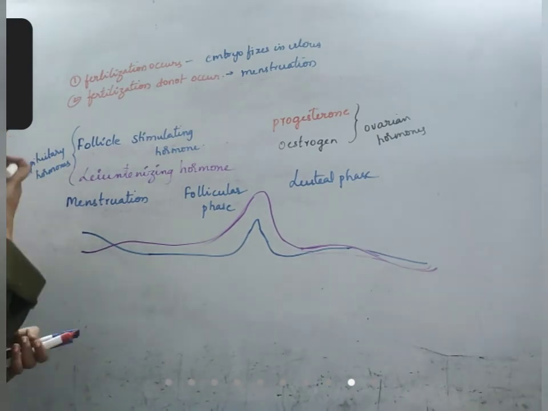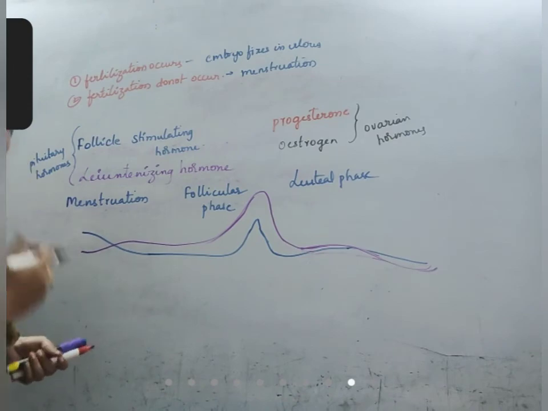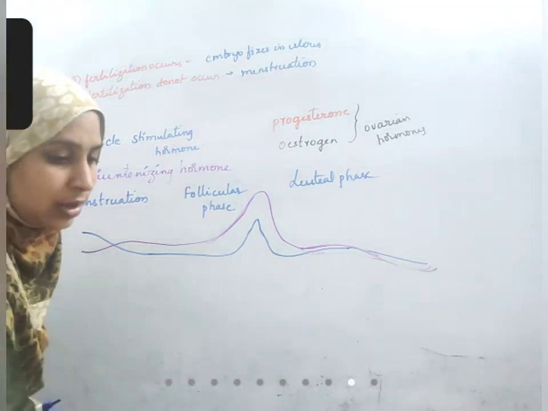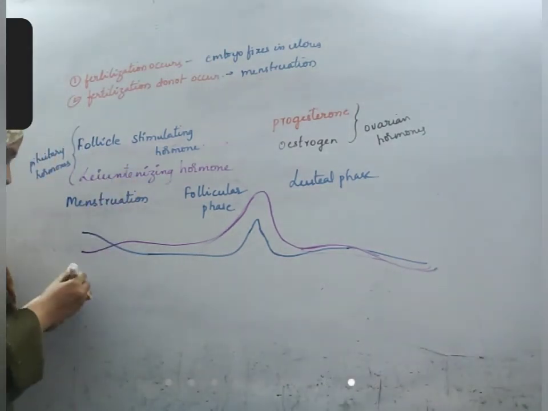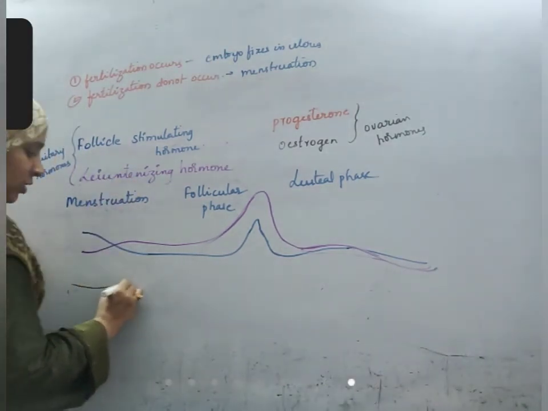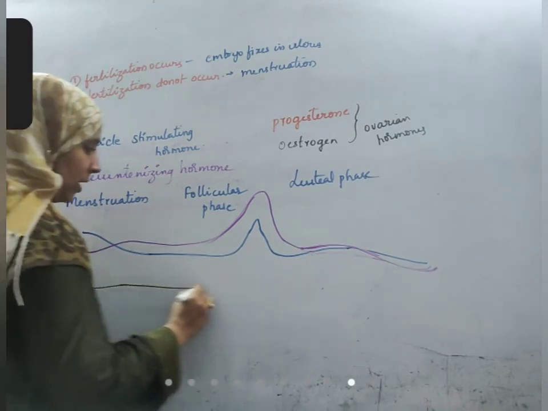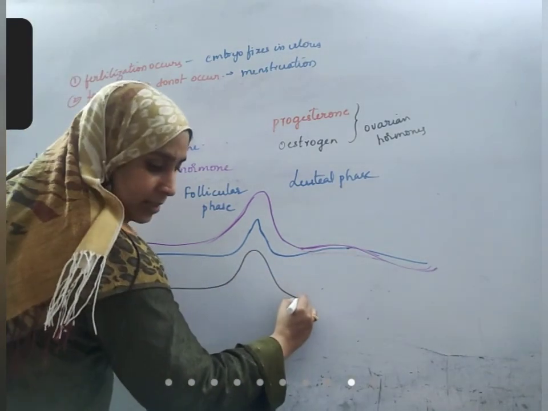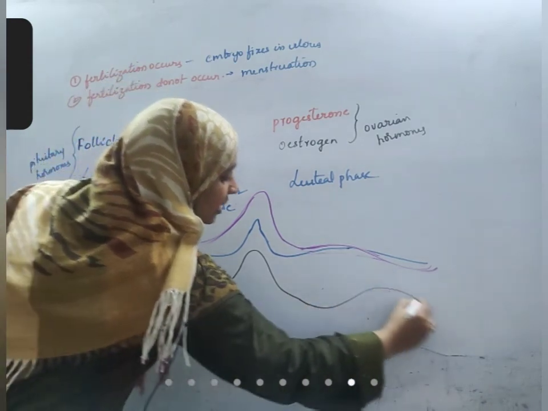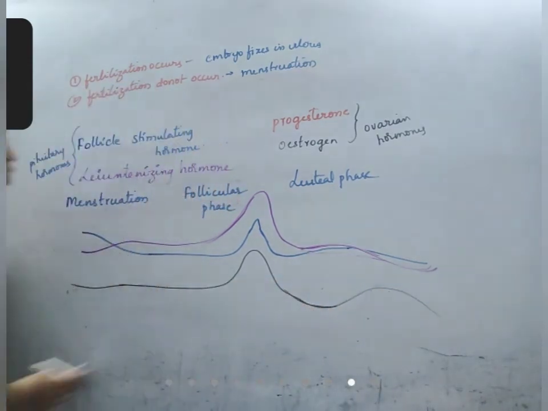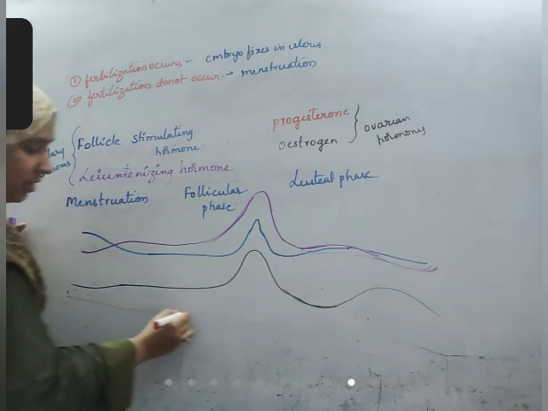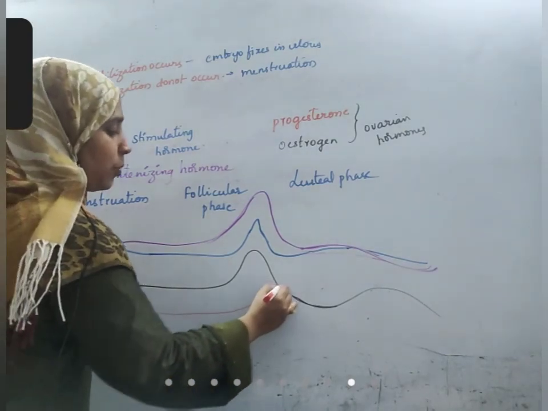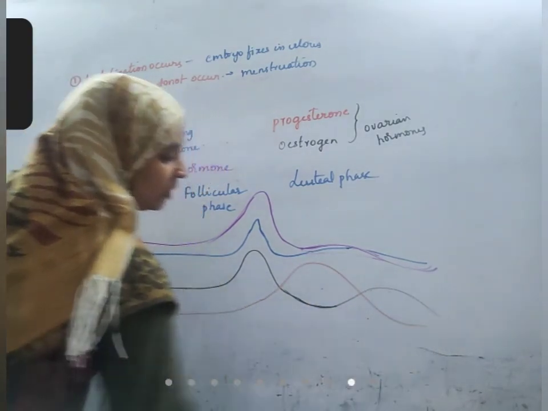Now let us take the changes in ovarian hormones. Estrogen, black color. It is normally produced at menstruation, it peaks, and afterwards it decreases like this, and it peaks at the end of the luteal stage. And progesterone normally peaks after ovulation and proceeds like that.